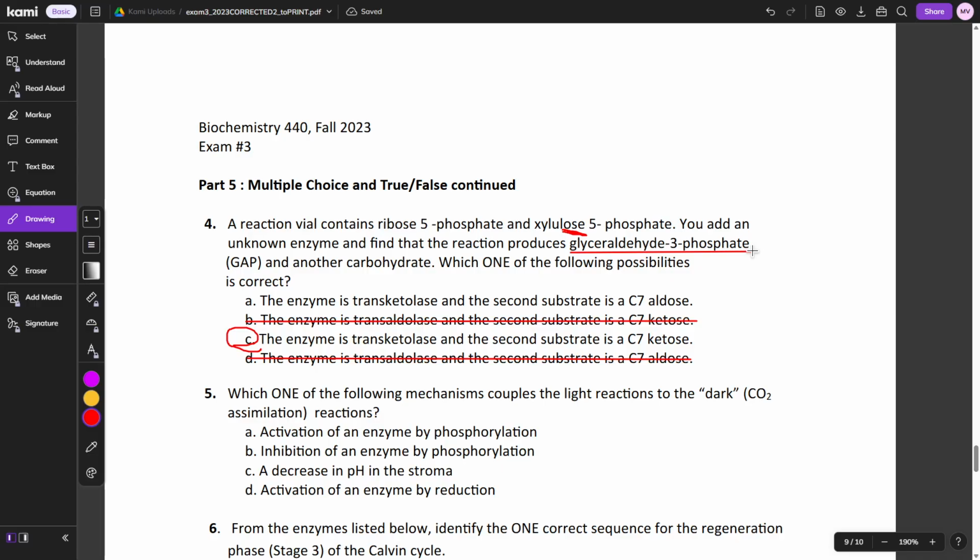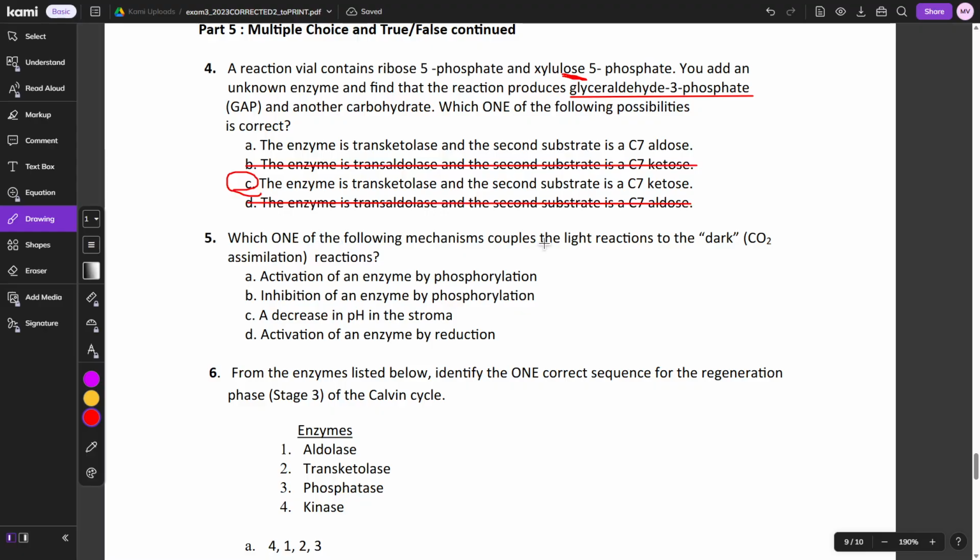That's a good question. I don't think I've ever seen a case where it's a transketolase with a double ketose or double aldose. Someone has to check the slides for me on the pentose phosphate and the Calvin cycle stuff, but I think it has to be between a ketose and an aldose.